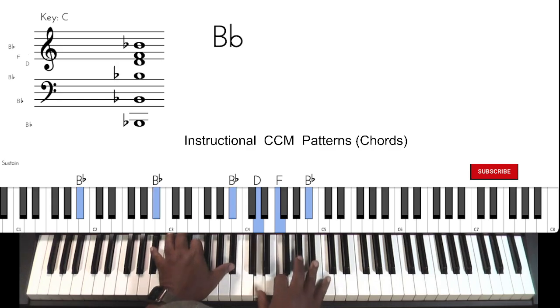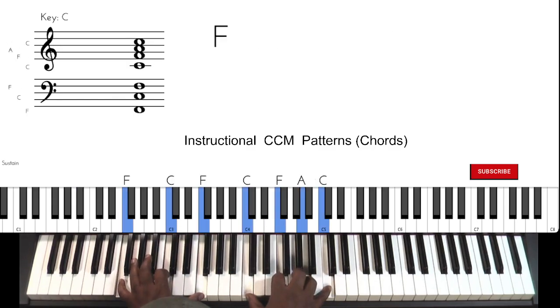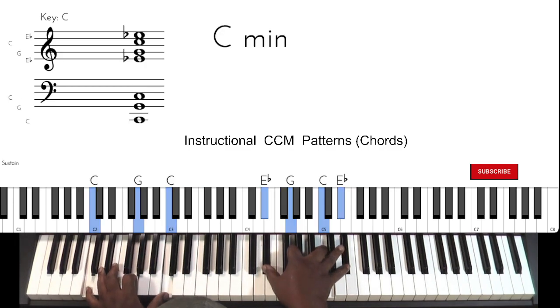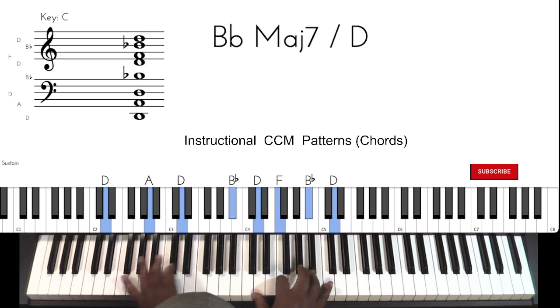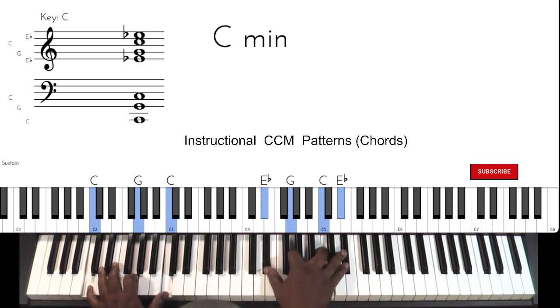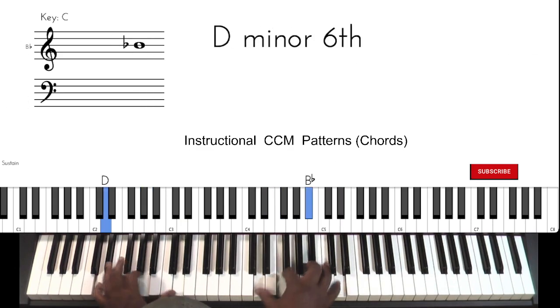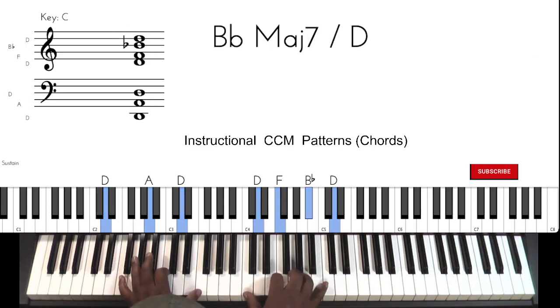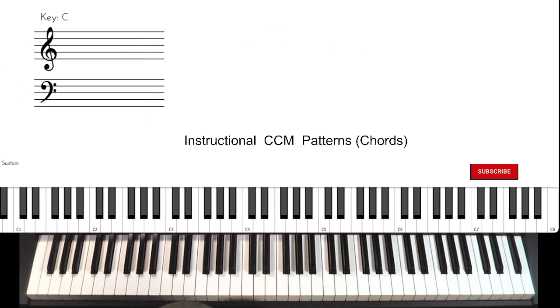This is the five. You see the three, two, three, five. Again, once you can get the pattern down, it's just a matter of applying, as they say, a little bit more seasoning to the chords.